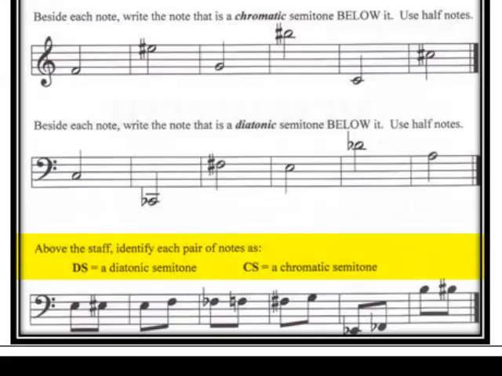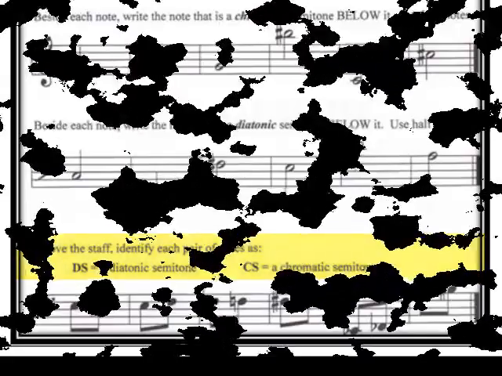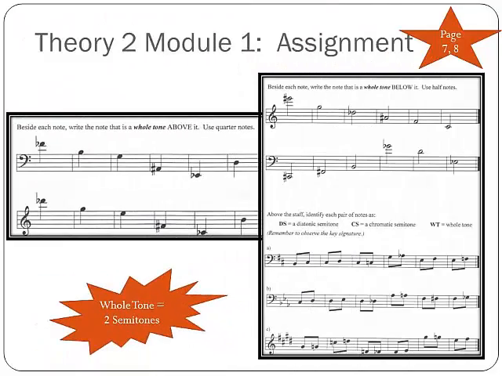Number 10, above the staff, identify each pair of notes as either a diatonic semitone or a chromatic semitone. The next page you have is page 7, and now we're moving on to whole tones. Remember, a whole tone is simply 2 semitones or 2 half steps.